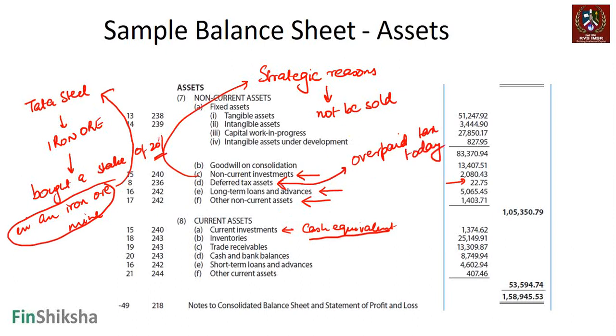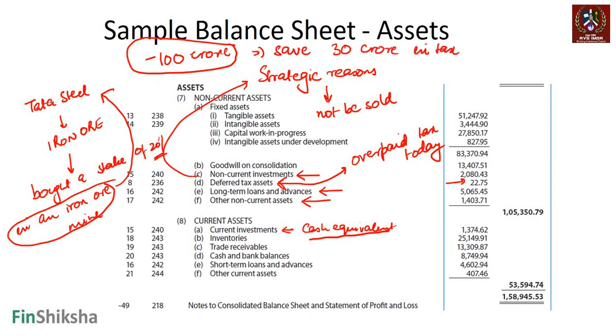One of the ways a deferred tax asset could come in is let's say you go and acquire a loss-making company. If you go and acquire a company that makes a loss of minus 100 crore, when you combine this minus 100 crore to your profits, you will save 30 crore in tax, correct? Because your profits fall by 100 crore. So this 30 crore is saved in tax.